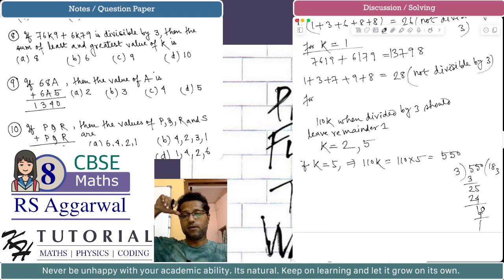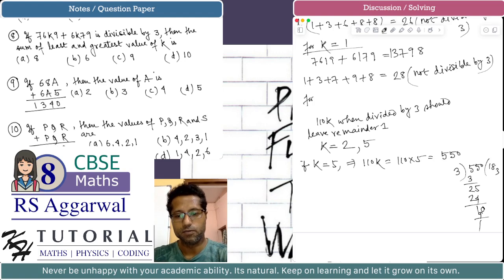So if k is equal to 6, 110k will be divisible by 3. As you can see, the first solution was for k equals 2, and the second solution was when k equals 5. So 2 plus 3 is equal to 5. So there is a possibility that the next solution could be 5 plus 3, that is 8.